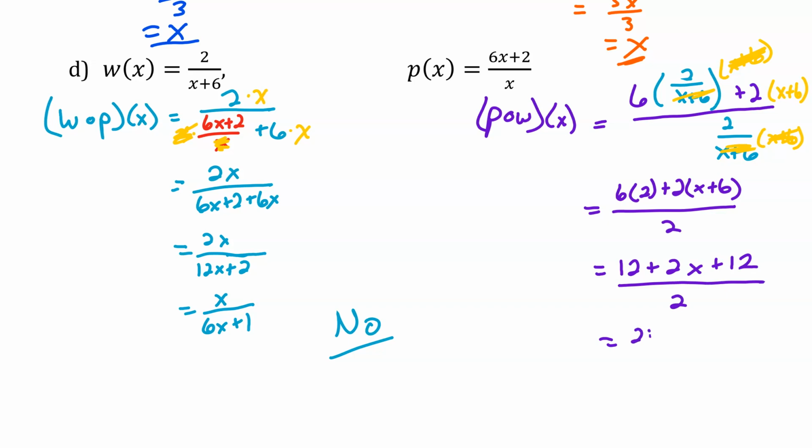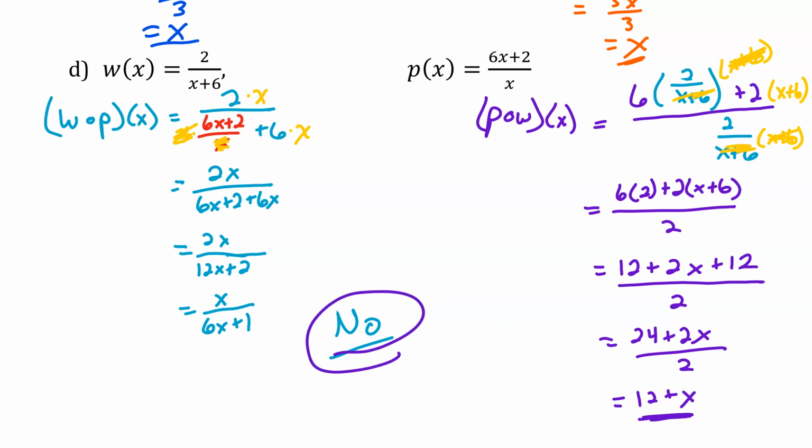So I have 24 plus 2x divided by 2. I can simplify that into 12 plus x, but now notice this still doesn't give me an x by itself, so the answer is still no, these are not inverses of each other.